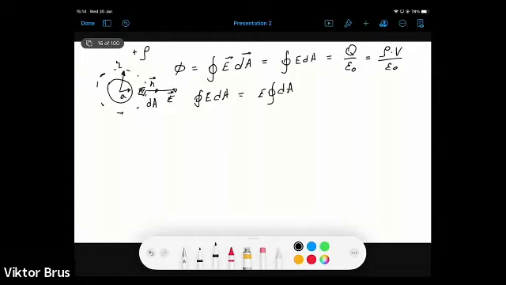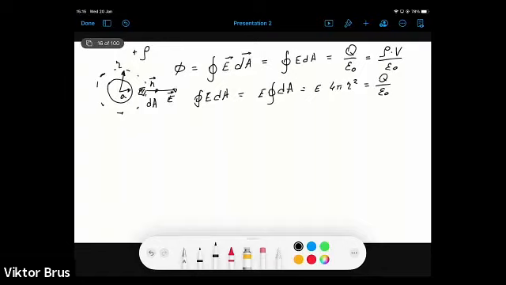In this particular case, it will be E times 4 pi r squared, the area of the closed Gaussian surface, the spherical Gaussian surface which we have drawn around the spherical charge. And again, it's equal to the total charge enclosed in this Gaussian surface divided by epsilon 0.